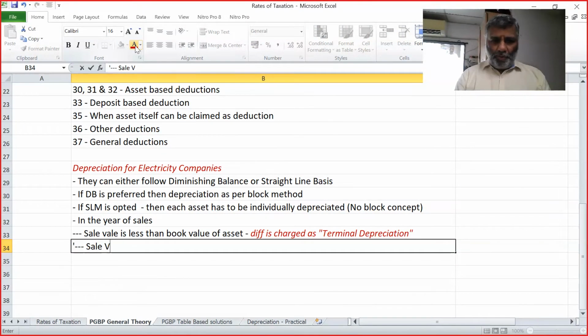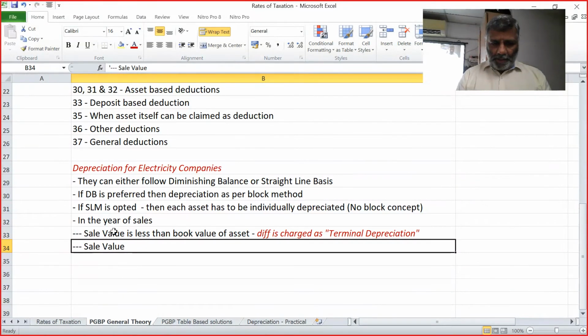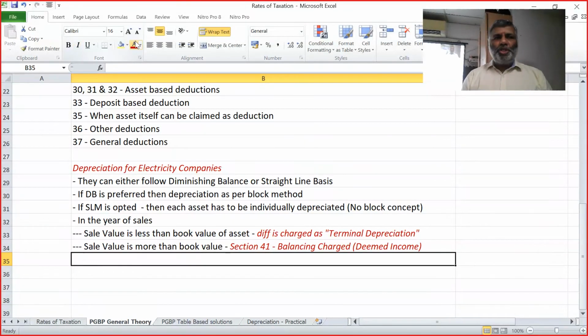If the sale value is more than book value, it goes to section 41, it is a deemed income as balancing charge.